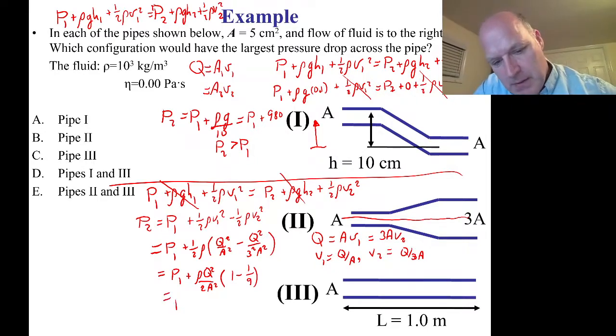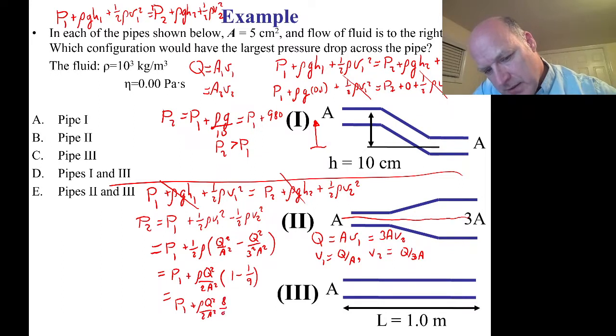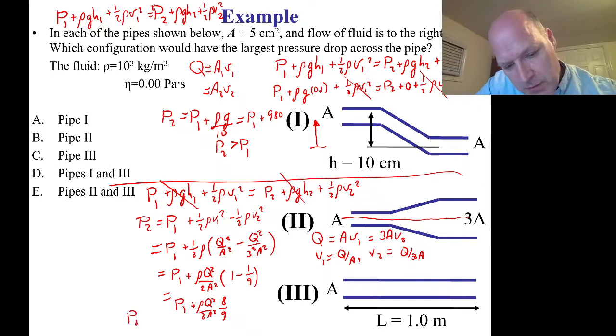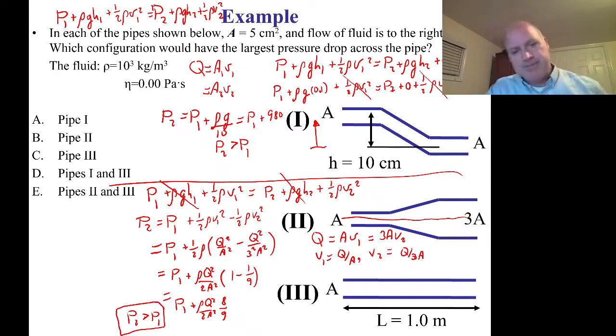Finally, P1 plus rho Q squared over 2A squared times 8/9. Again, P2 is greater than P1. But they didn't give us the flow, and they gave us the area, but they didn't give us the velocity, so we can't figure this one out.